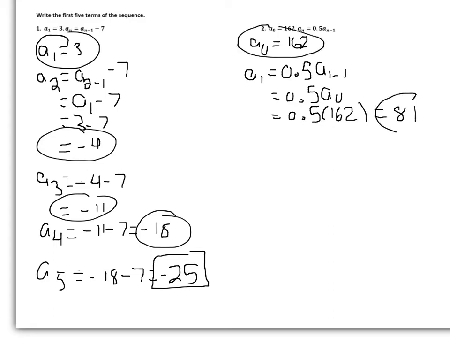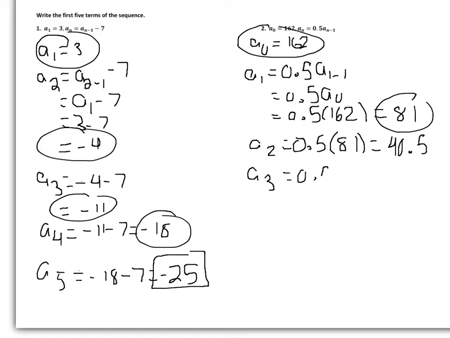First, second. Now what? So the second term, you do half of the first. Or the third term is half of the second. So you get 40.5. The fourth term, half of that.